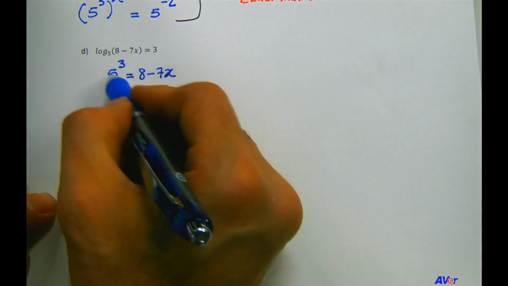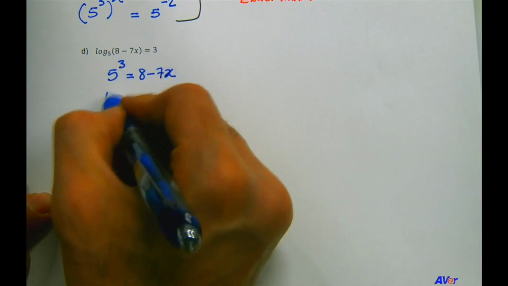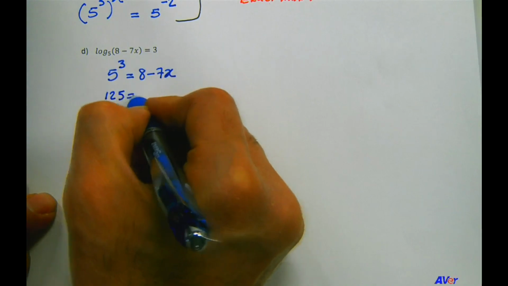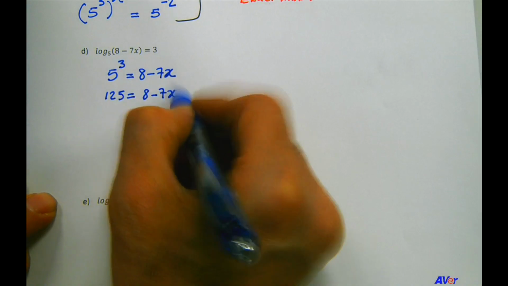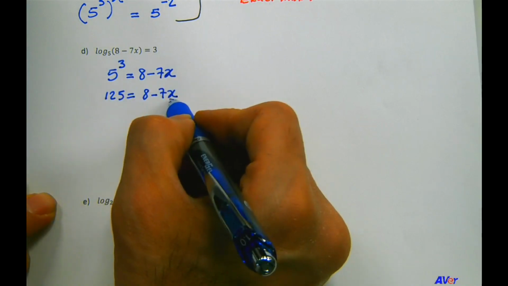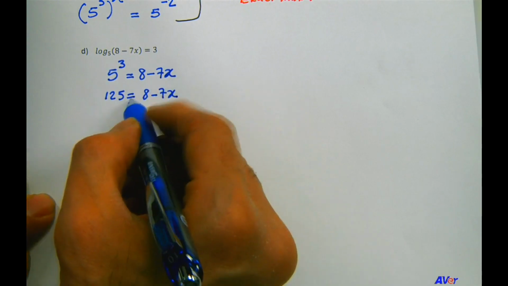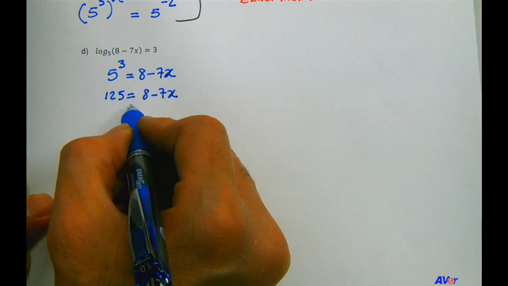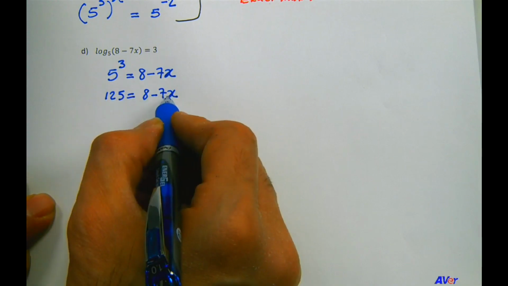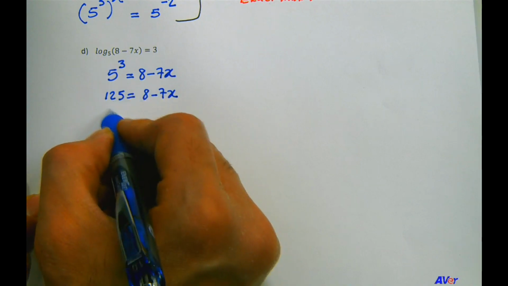Okay, what do we have on the left? 5 cubed is 125 equals 8 minus 7x. This is a linear equation in x, right? We can easily solve for it. So let's do that. Let's isolate x. We can move the negative 7x to the left.